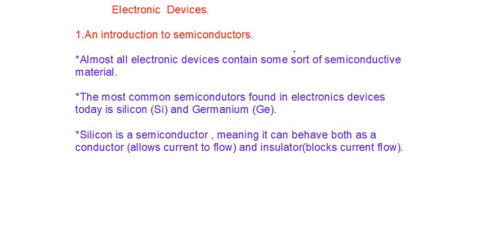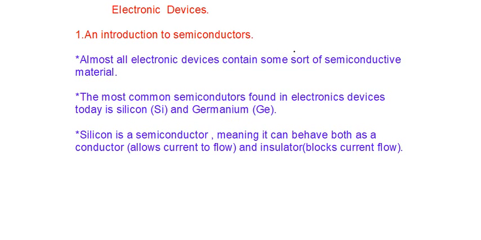So guys, what are electronic devices made up of? Electronic devices are made up of semiconductive material, and the most commonly used semiconductors to make electronic devices are silicon and germanium.